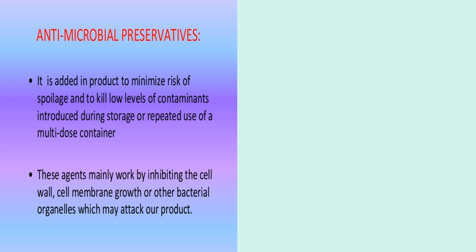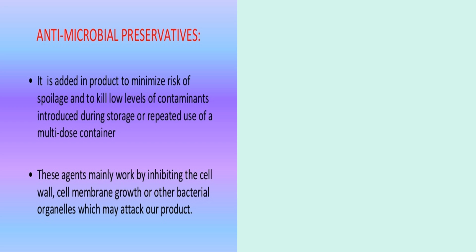Now the next thing that comes up is your antimicrobial preservatives. They are added to minimize the risk of spoilage or to kill low levels of contamination introduced during storage and repeated use of multi-dose containers. So what are multi-dose containers? Like your syrups, creams, ointments, they are multi-dose containers where we have to keep on removing the product.